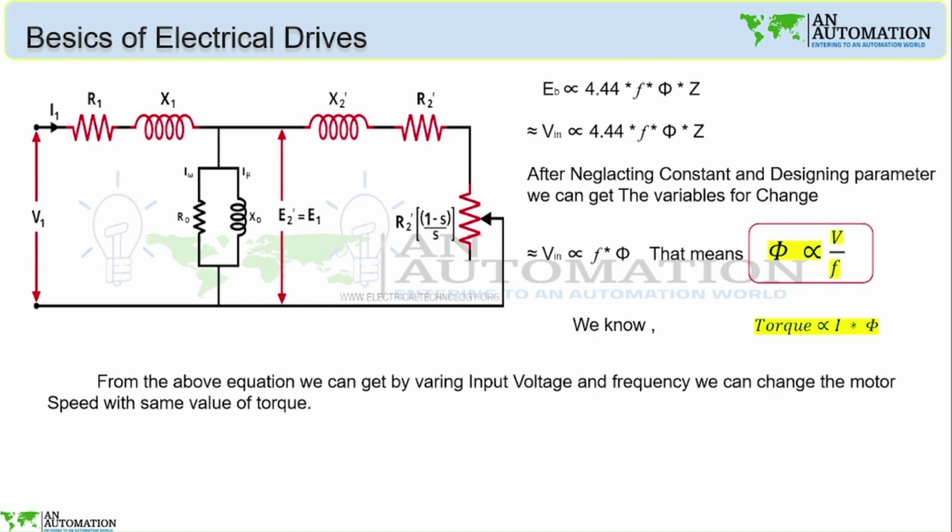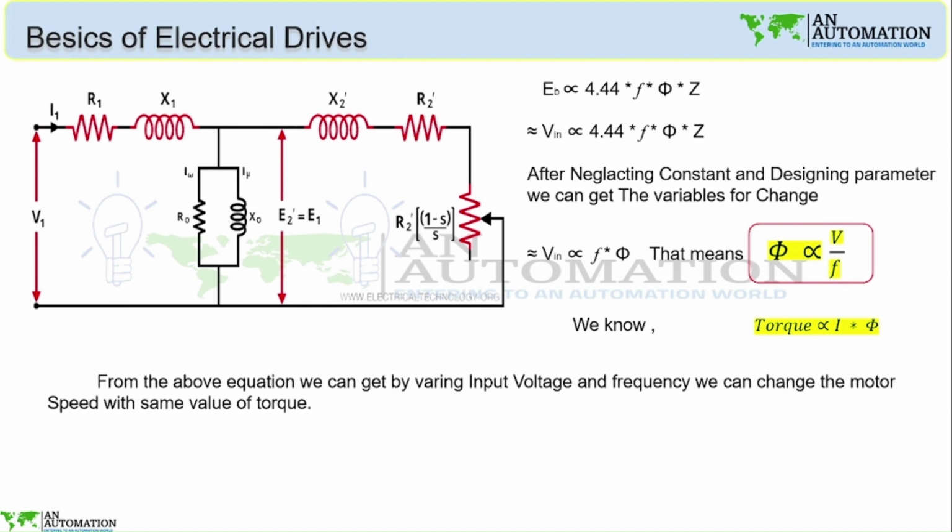In the equivalent circuit, first we notice that R1 and X1 are the stator resistance and the leakage reactance, and R2 and X2 are the rotor resistance and the standstill leakage reactance per phase respectively. From that circuit we can get E1.